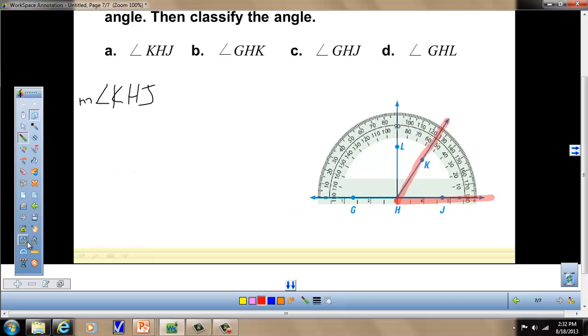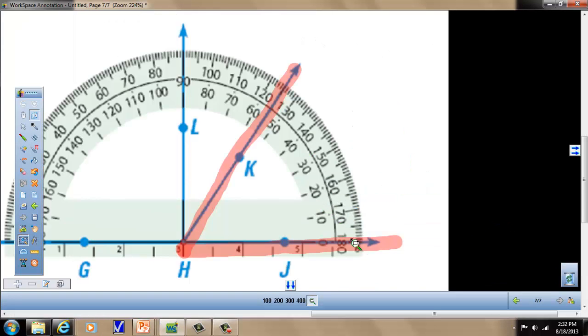If we zoom in real quick, I'm going to zoom in so we can see what's going on there. If we zoom in, we can see that we're starting at 0 here, and we're going up until it hits the protractor. And if you look, if 0 is here, we use the bottom scale, and it goes up to 50.